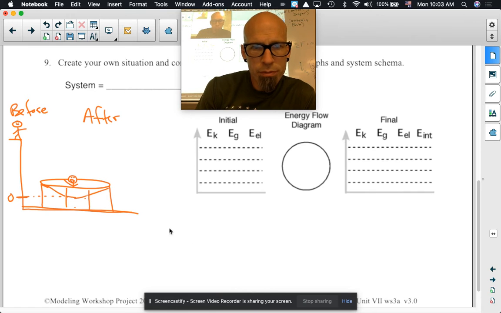So this was the first scenario. The before shot was a person on top of a roof or something, I don't know. And then they go down here onto a trampoline, and then there's an after.